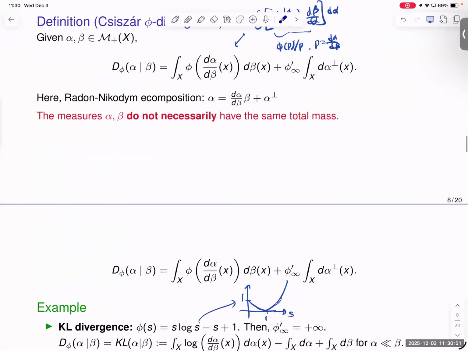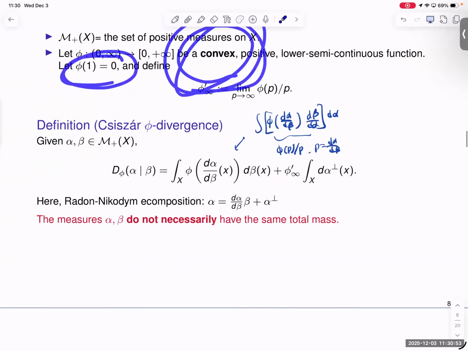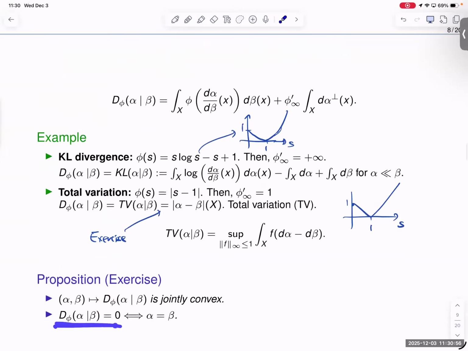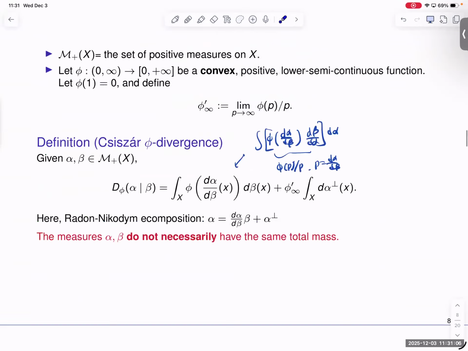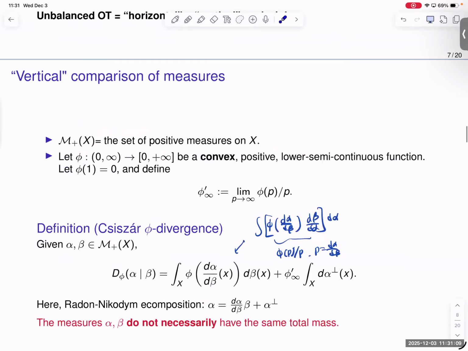And because phi 1 is equal to 0, when alpha and beta are equal to each other, then this phi divergence is 0, and vice versa. This is non-degenerate. Yeah, so it's positive.